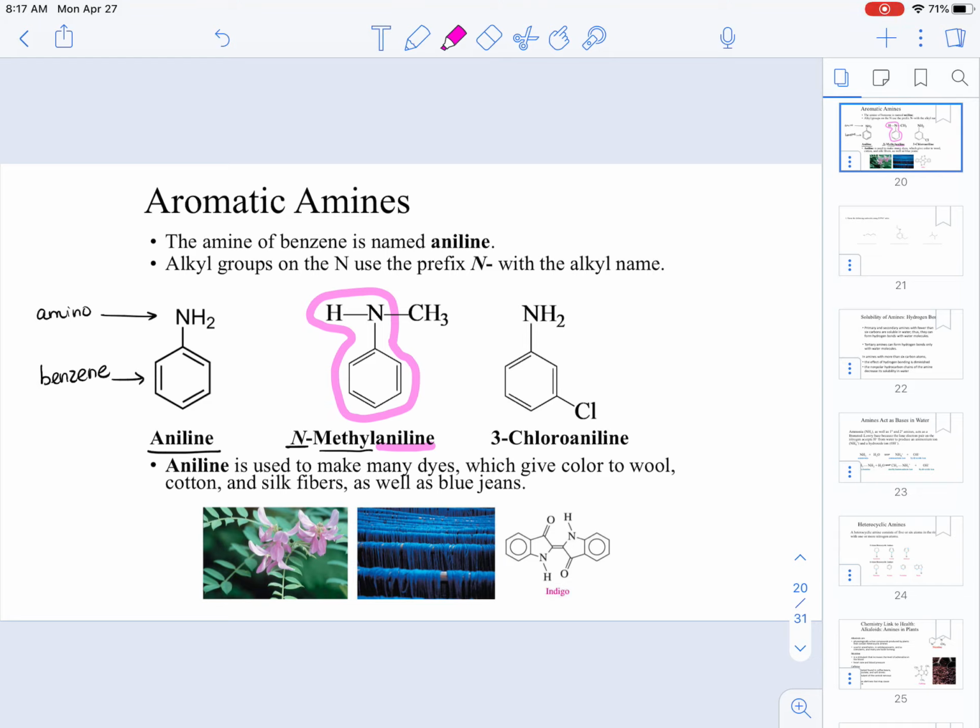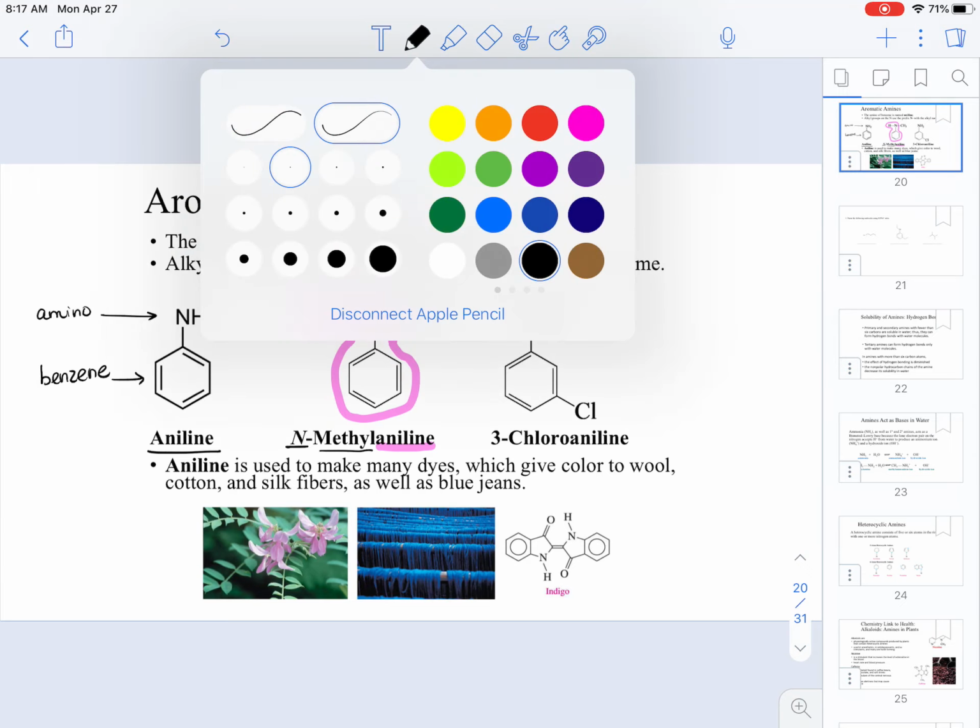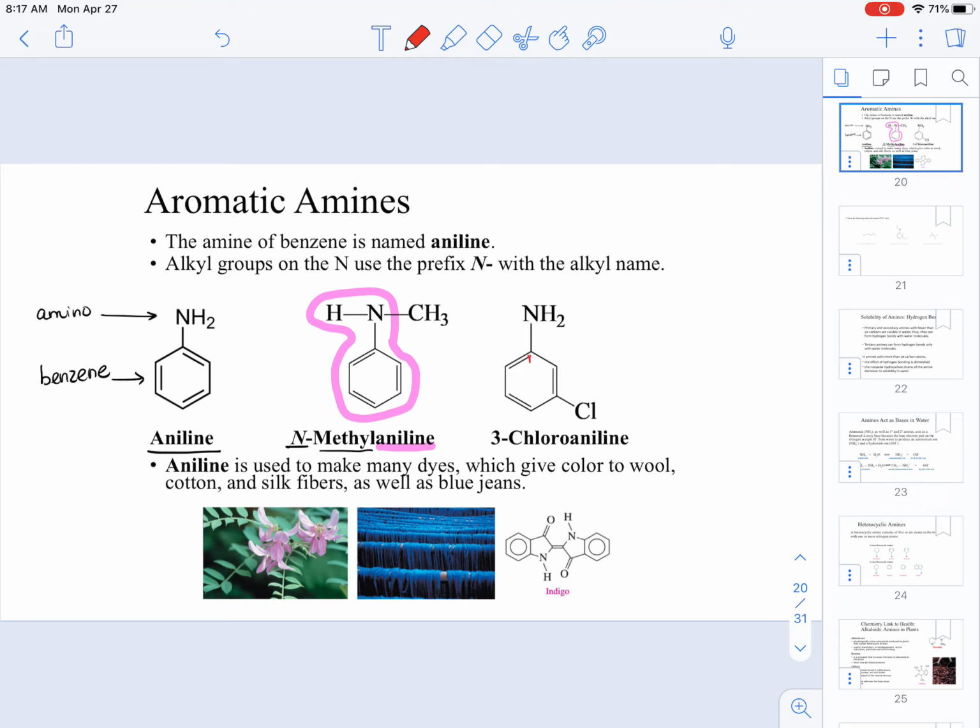So, as you can see in the third example, this is going to be similar to how we learned to name aniline molecules in Chapter 11. Here we have a chlorine that is bonded to the benzene portion of aniline. Remember that when we have that, carbon number 1 is going to be the carbon in the benzene ring that is attached to the amino group, and then we're going to number the cyclic system or the benzene clockwise or counterclockwise to give the substituents the lowest number.